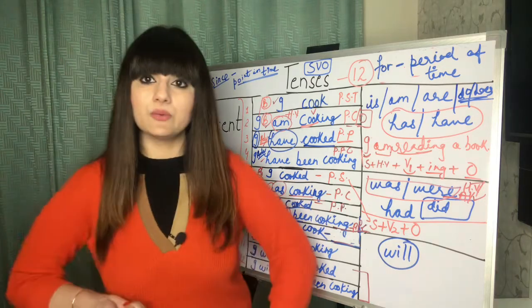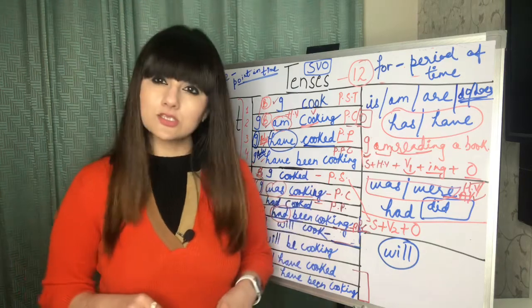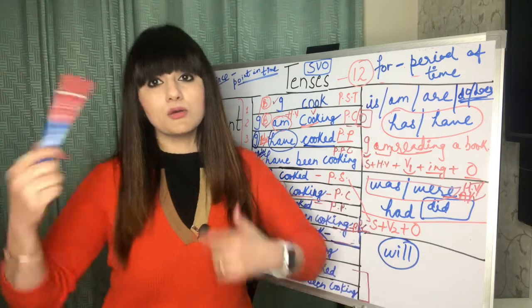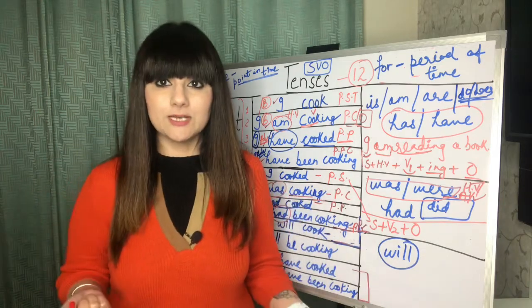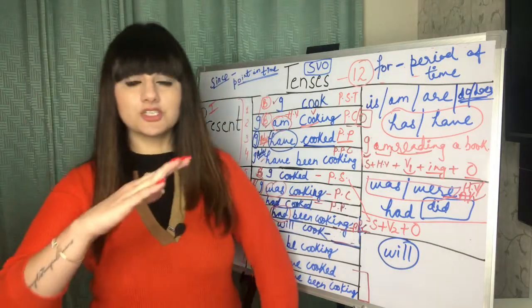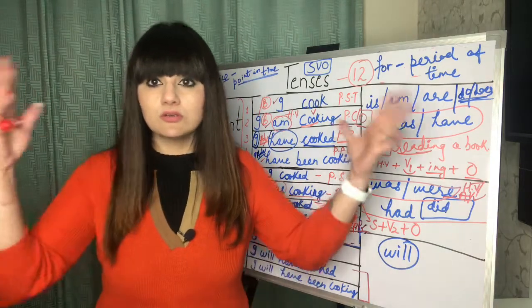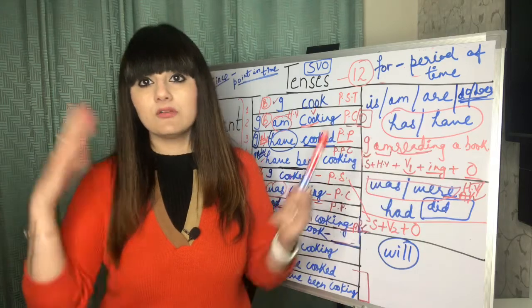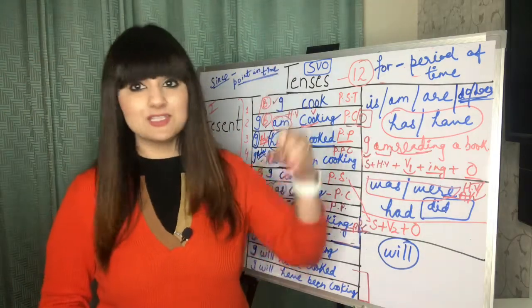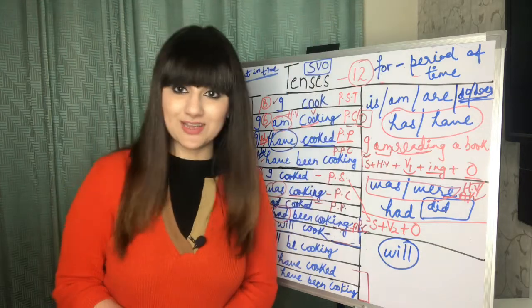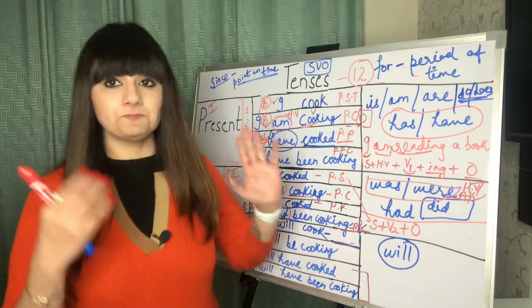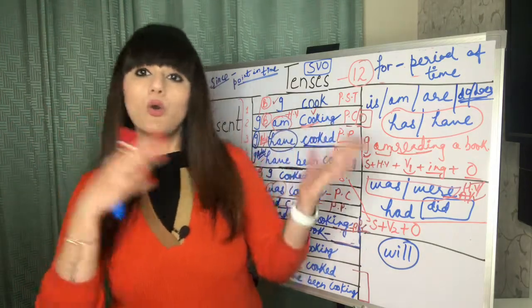Or in another way, you could say: it had been snowing all week. I'm talking about a past situation. There was snow, and it was continuing in the past, the whole week, it was snowing. So I can use it this way: it had been snowing all week.